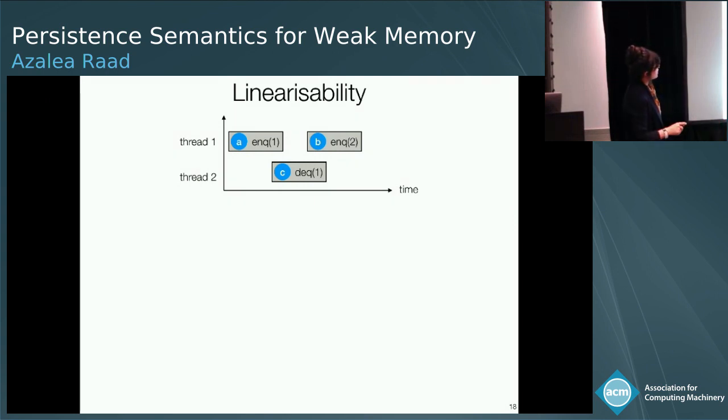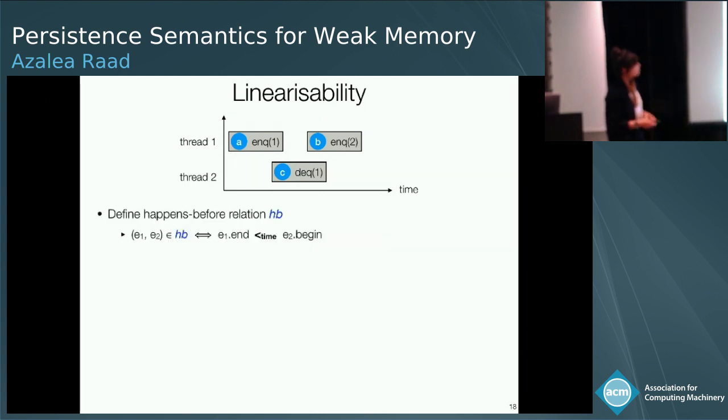So here I have an execution of the queue library where the first thread tries to enqueue 1 and then enqueue 2, and the second thread is calling dequeue, and it's actually dequeuing value 1. We want to see if this execution is linearizable or not. The first thing we have to do is define this happens-before relation. Intuitively, happens-before says which call, in real time, happened before the other one.